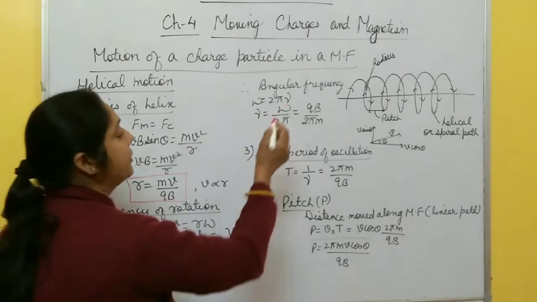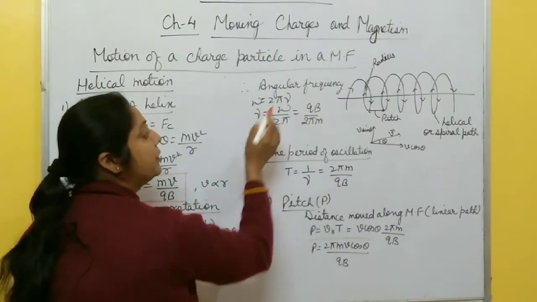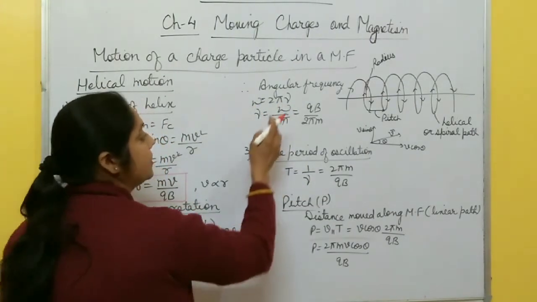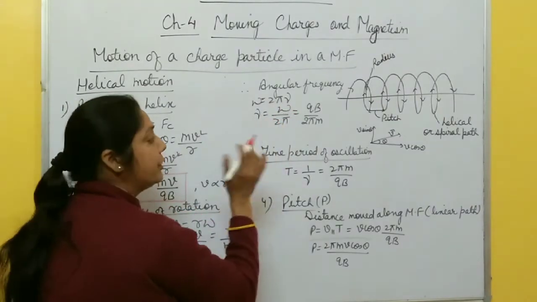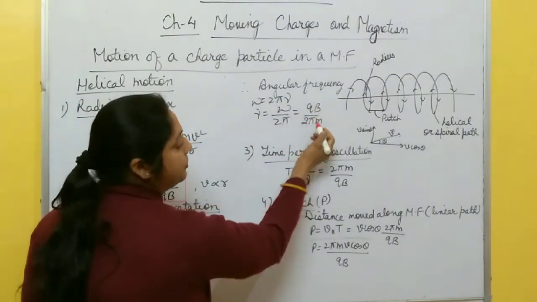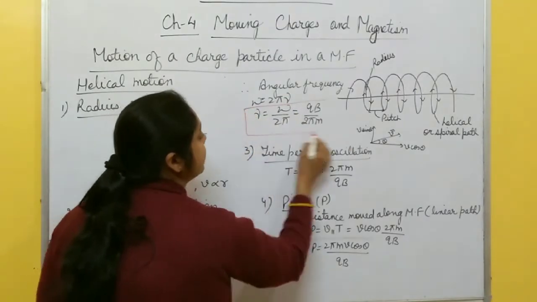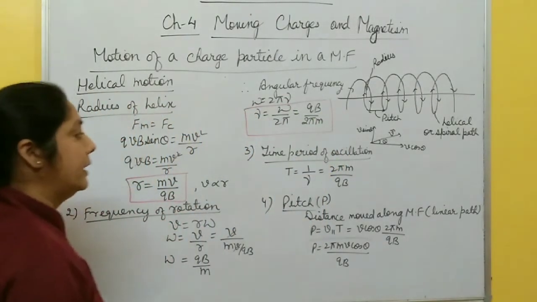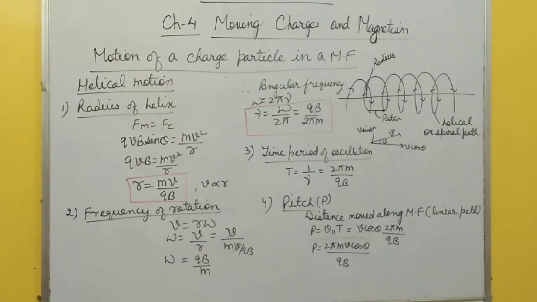And you know angular frequency is related to angular velocity by omega equals 2 pi nu. So here nu becomes omega by 2 pi. Omega is what? Q B by m. You put the value here, Q B by m divided by 2 pi. So this frequency becomes Q B by 2 pi m. In this way you calculate the frequency.